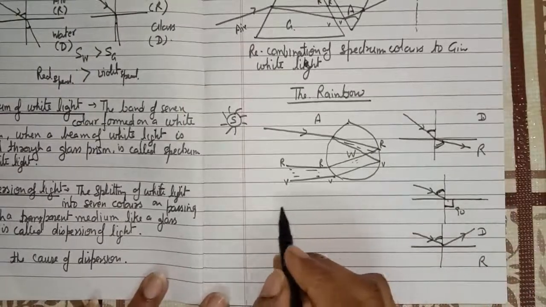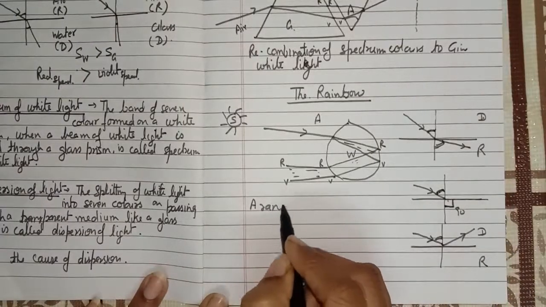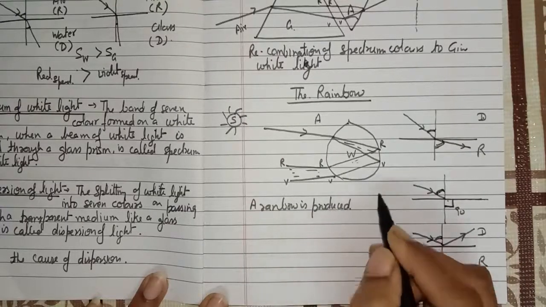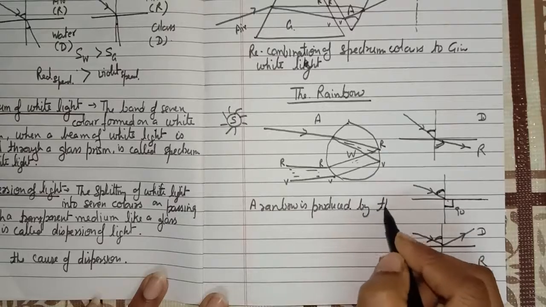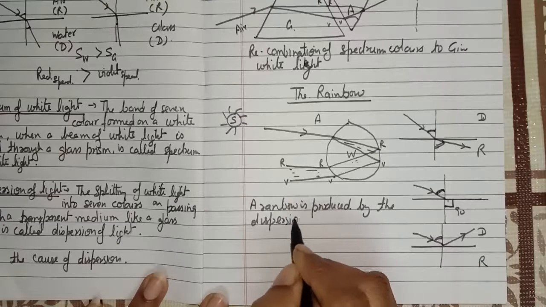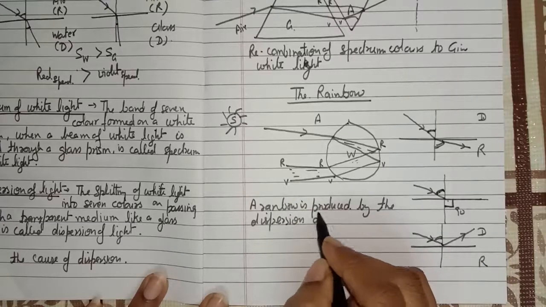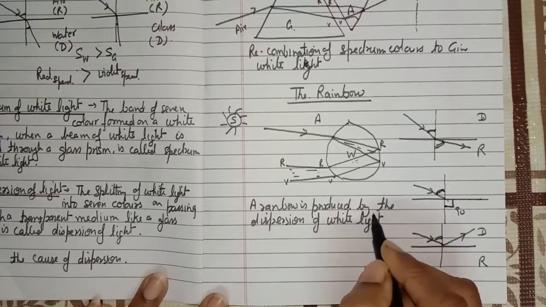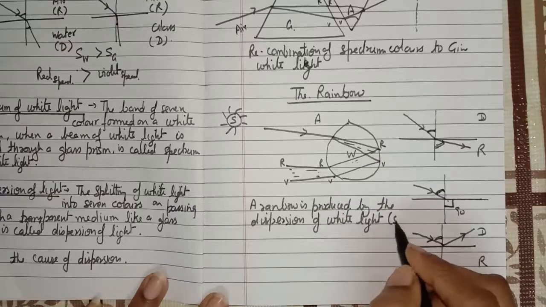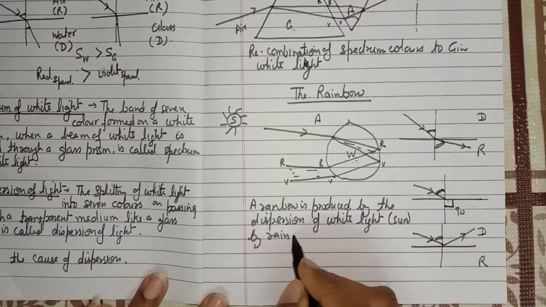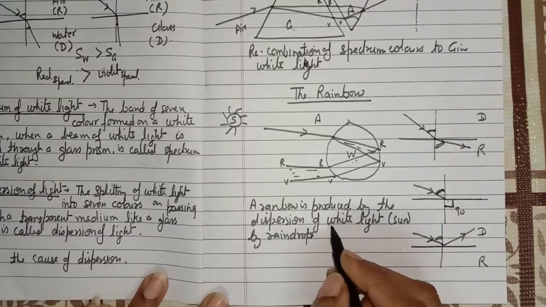A rainbow is produced by the dispersion of white light, white sunlight actually, by raindrops in atmosphere.